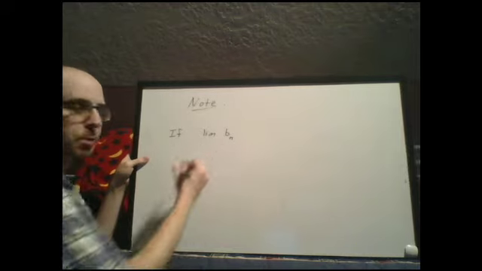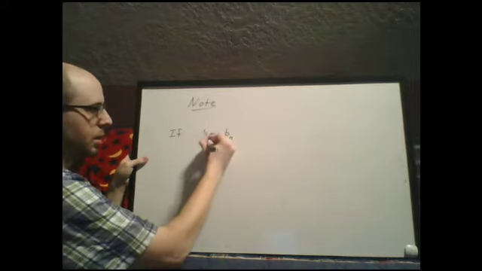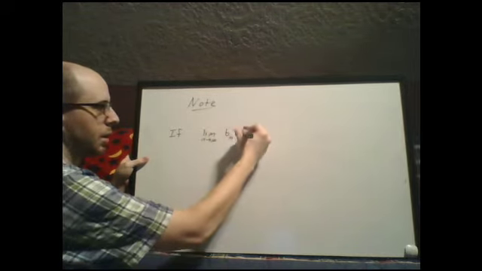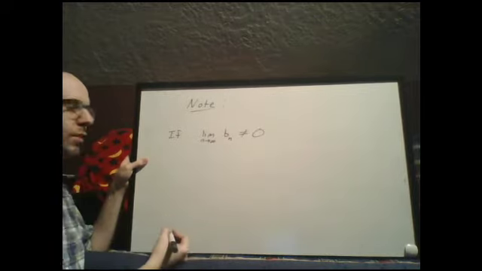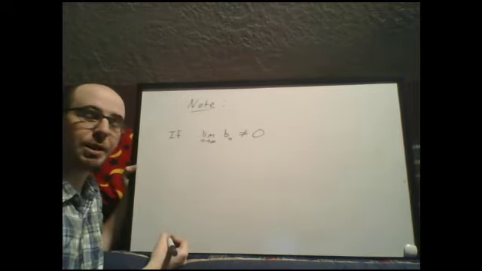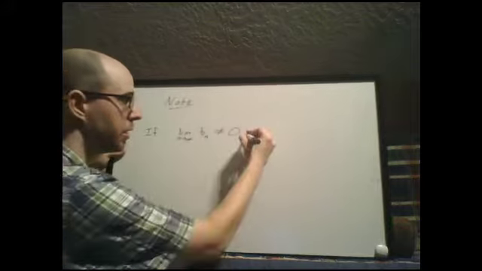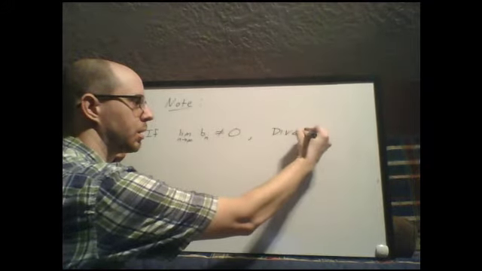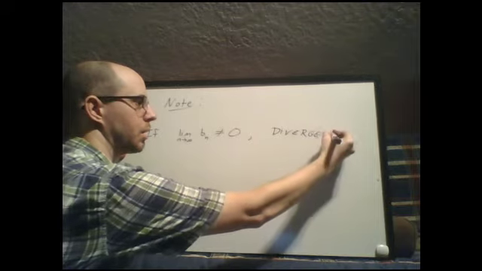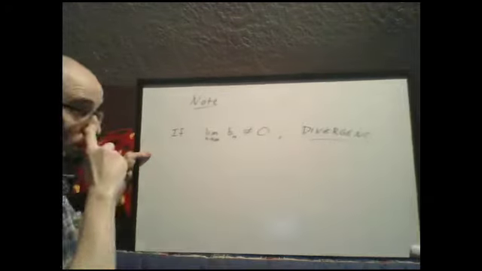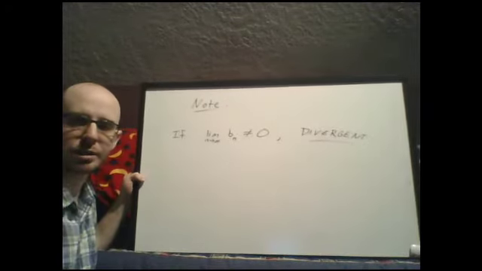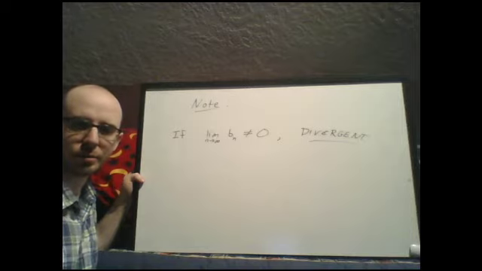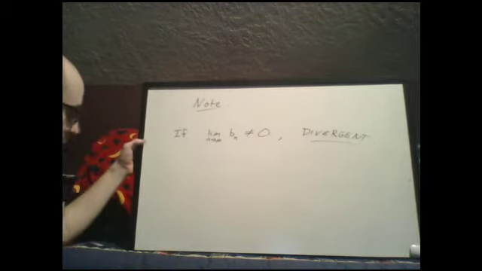If you're trying to apply this test, if the limit of the bn's is not 0, that tells you divergent. That's just the divergence test from a few sections ago.